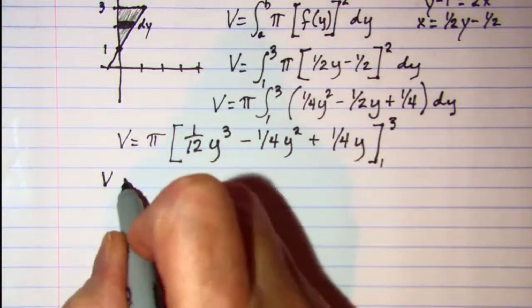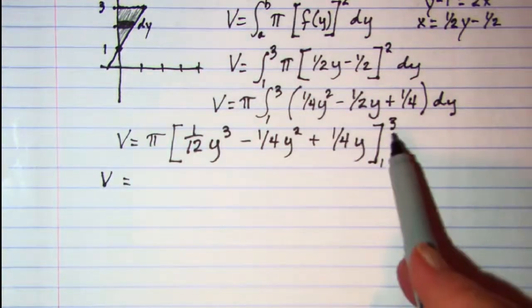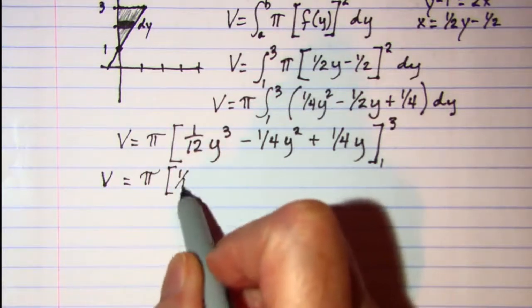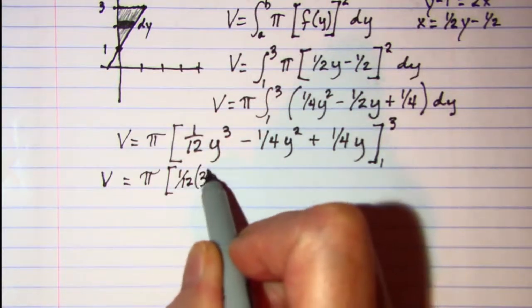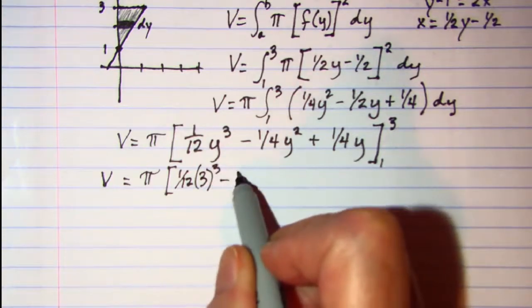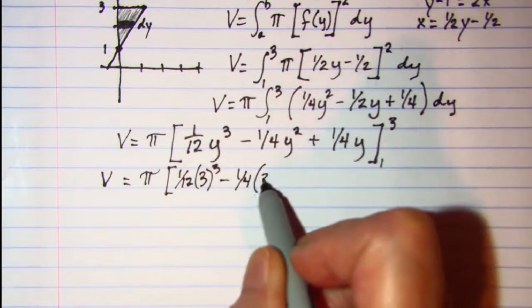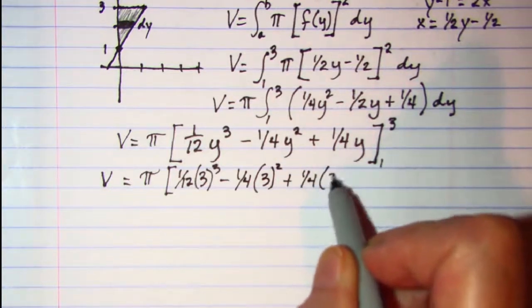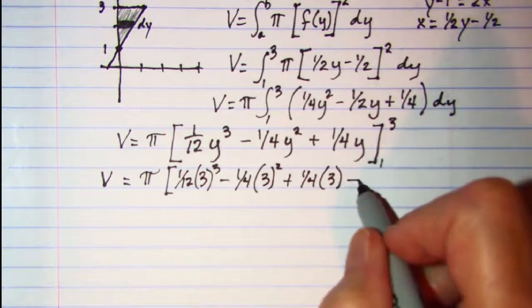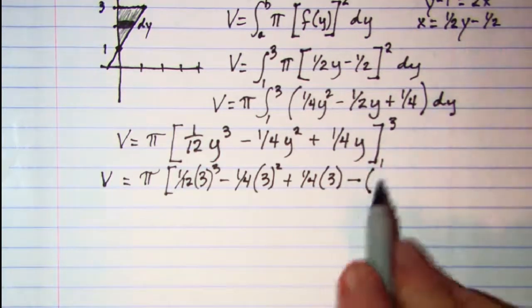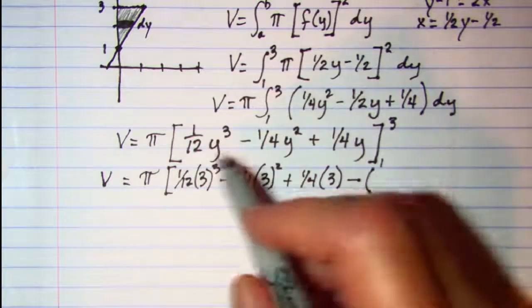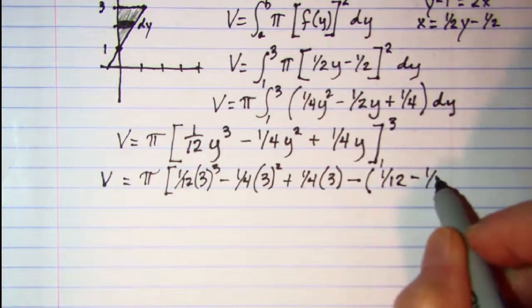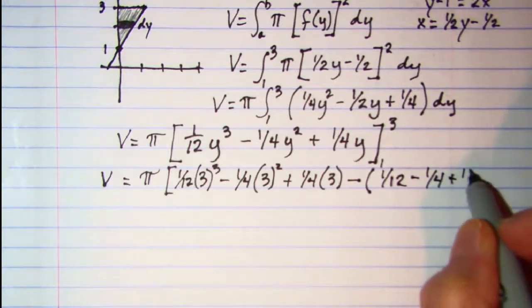My volume then is pi times 1/12 times 3 cubed minus 1/4 times 3 squared plus 1/4 times 3, subtract, and then when I put 1 in, I'll just have 1/12 minus 1/4 plus 1/4.